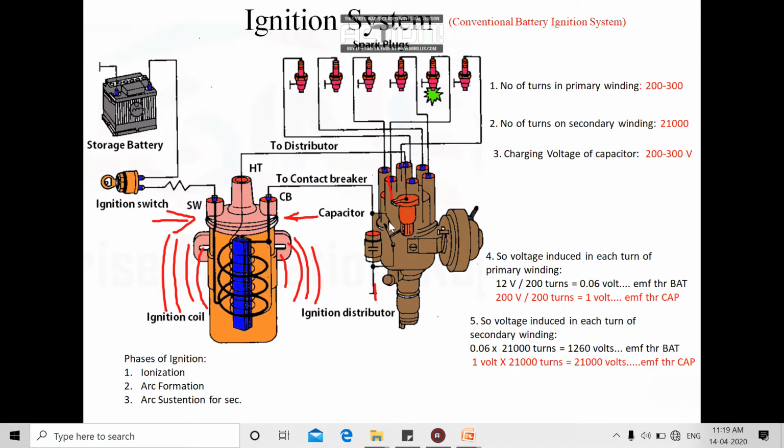Again, whenever the contact breaker starts breaking the contact, an arc is supposed to generate, just as when we short-circuit the positive and negative terminals of a battery, an arc may be produced, so that arc also gets absorbed by this capacitor.